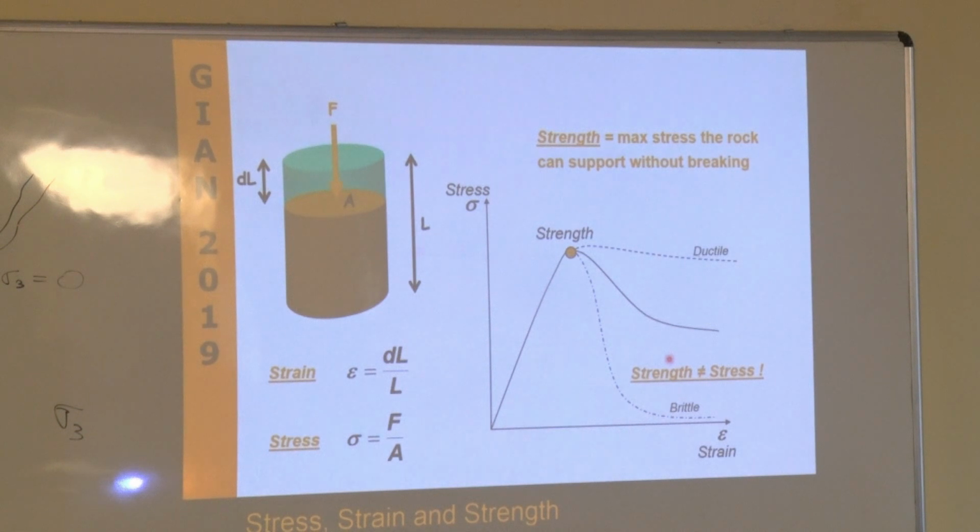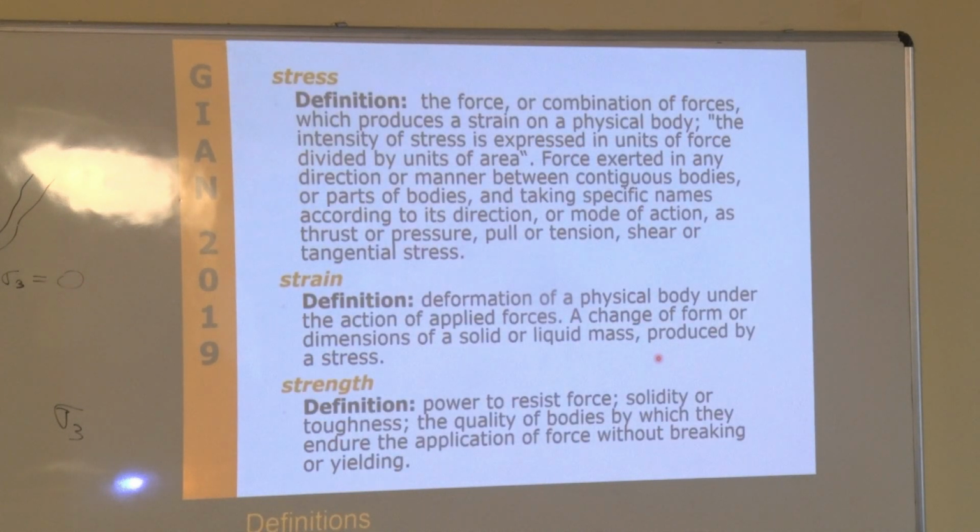One thing you need to remember is that strength and stress are not the same. Strength is one point, and stress is basically the force divided by the area at that particular location. So it's really something else. Adding to the two definitions that we gave before, the strength is one point, where the rock goes from intact to broken, and that is a number, a value that you need to estimate.